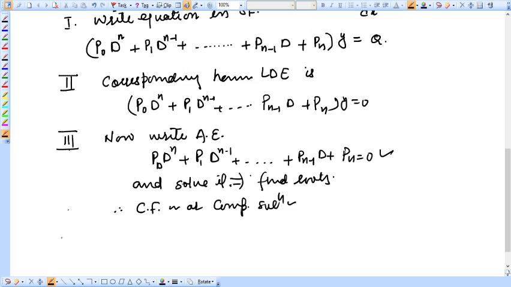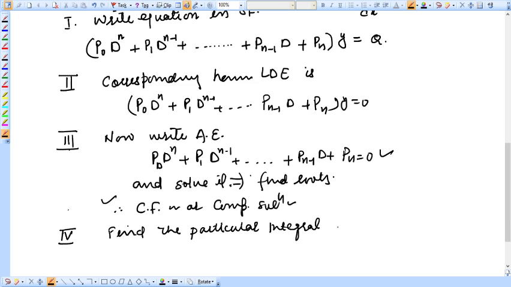And then lastly, now do what? In the third step you find the complementary solution, the complementary function. And in the fourth step you find the particular integral.